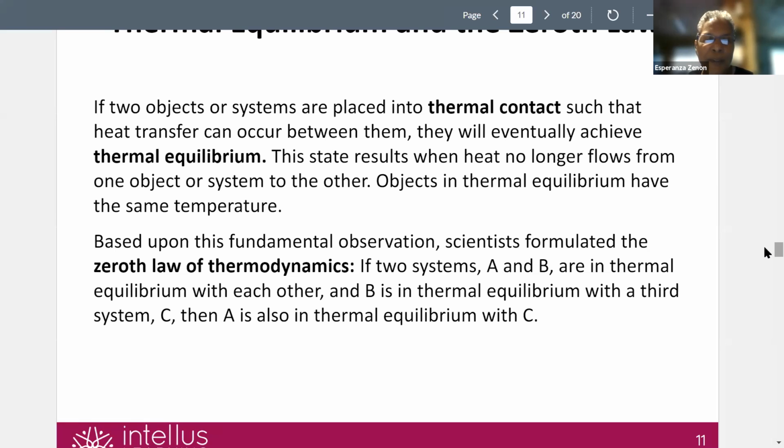And if you put a thermometer in that, you think of that as system C. And so you won't be getting any heat transfer in the water, and you won't be getting any temperature change in the thermometer, okay? Because everything will be in thermal equilibrium. But a simple way to say it: objects in thermal equilibrium have the same temperature. And that's why I mentioned the zeroth law right now, because it does rely on your understanding of temperature.